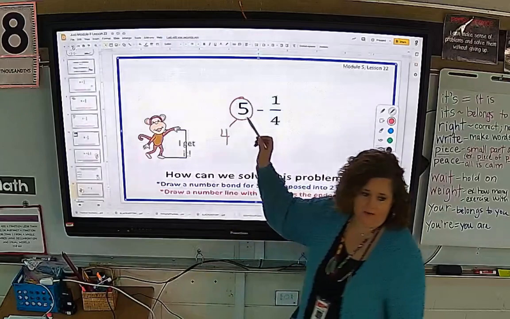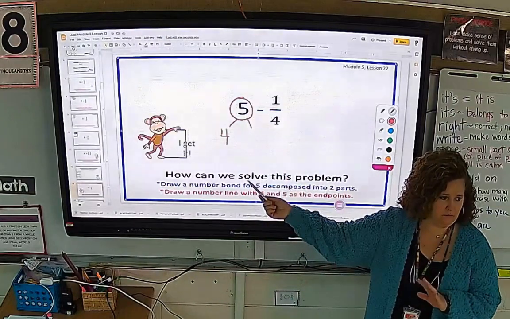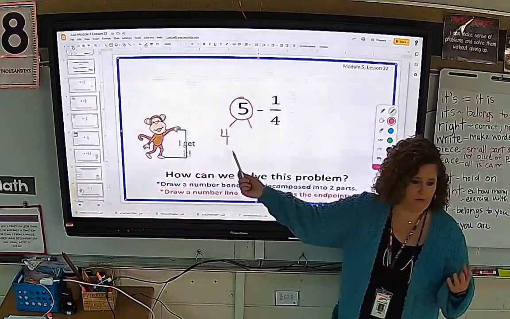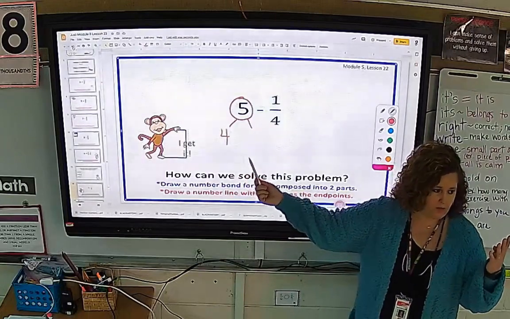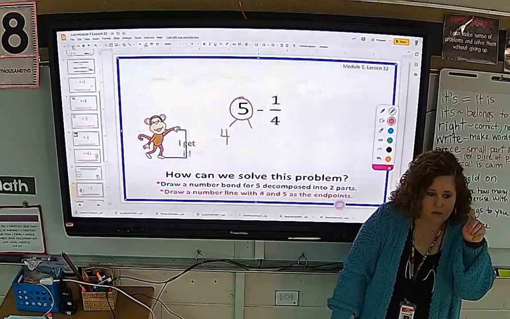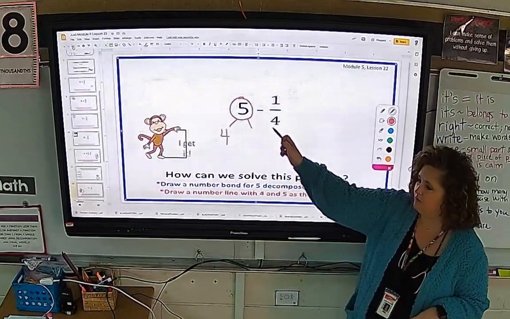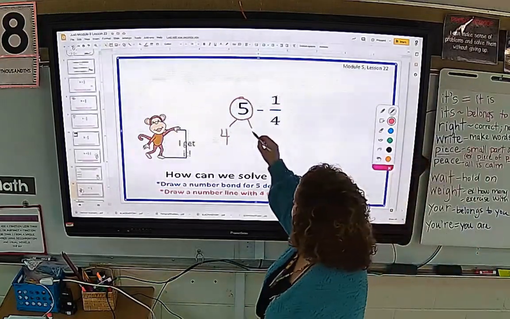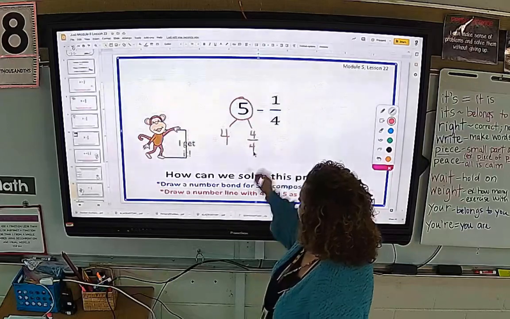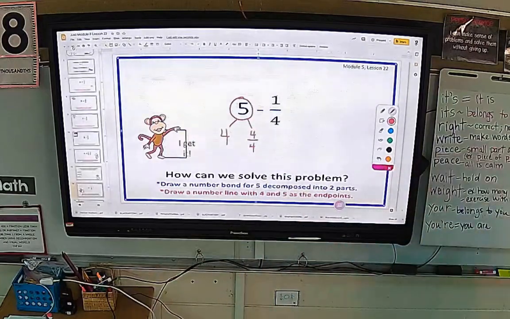Take 1 away from 5. Okay, so we're left with 4. 4 wholes. But that 1 that we took away, that's what we're going to break into fractions. That's what we're going to break into fourths. Okay, that's our number bond.